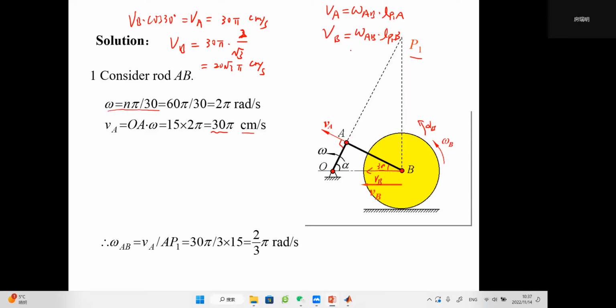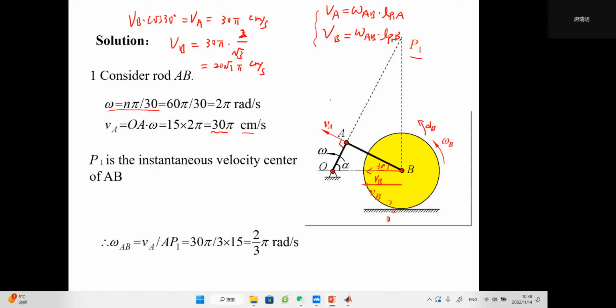Then we can find the length of P1B, then we can find the magnitude of VB, right? So this we call the instantaneous velocity center method. And P1 is the instantaneous velocity center of AB at this moment, at this position, right?